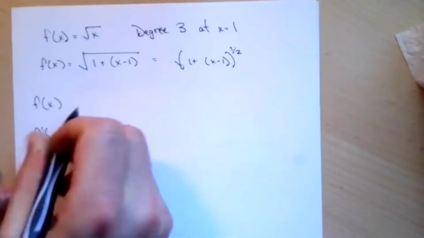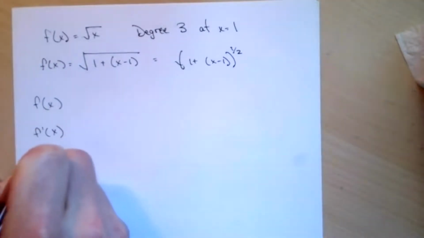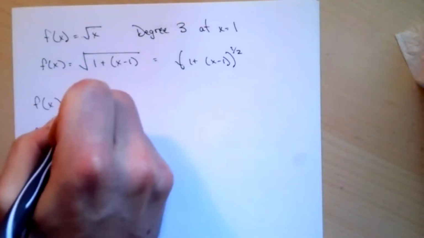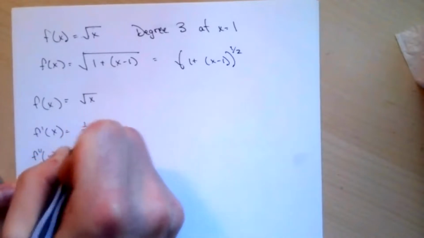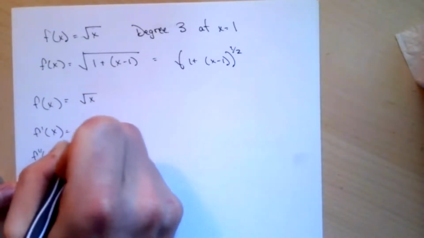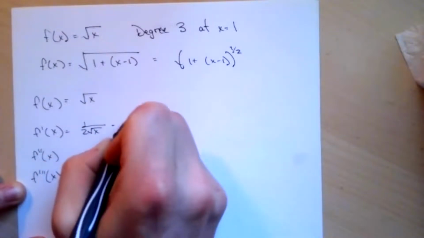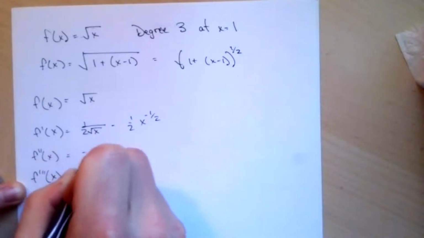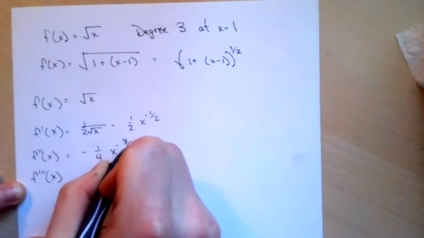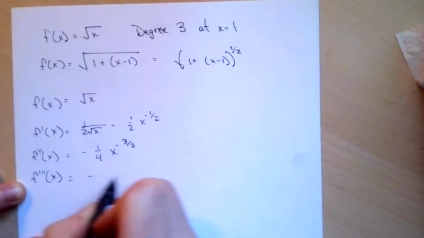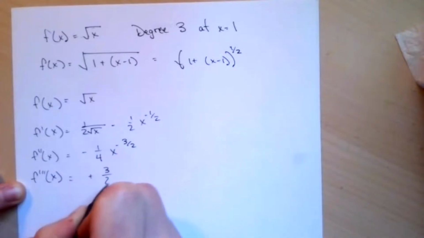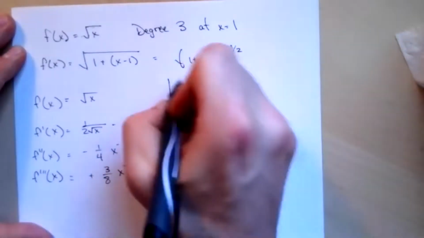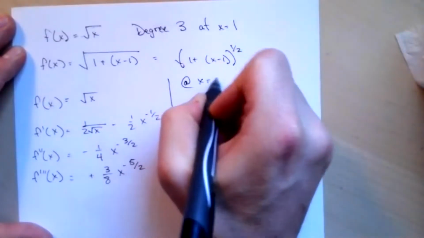It might be easiest just to compute the derivatives. And maybe it might be easier even to use fractional exponents, and then evaluate at x equals 1.